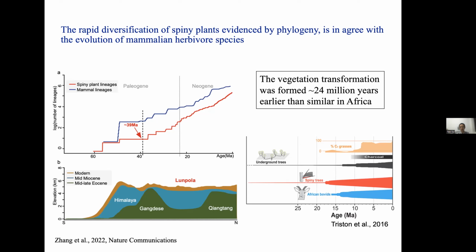So the vegetation transformation from closed forest to open woodland was formed by 39 million years ago, which was about 24 million years earlier than the similar condition in Africa.